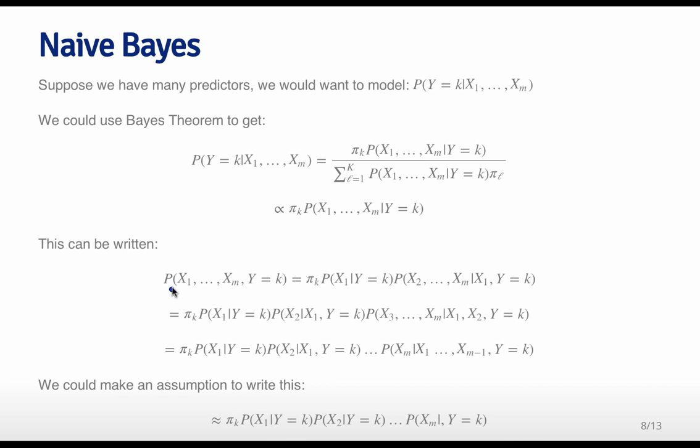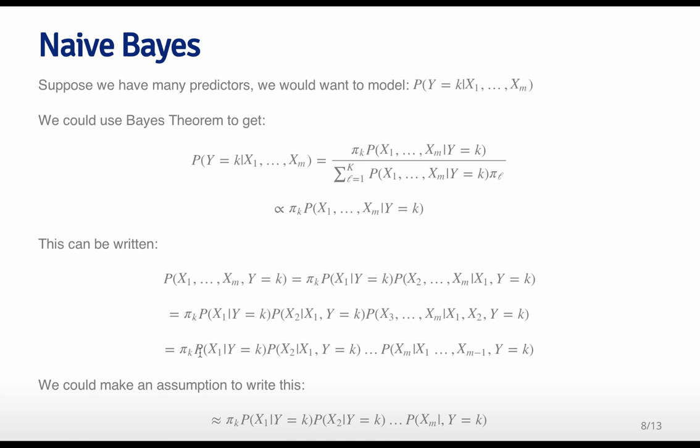We can say the probability of the features and the class variable K is equal to this prior probability times the probability of x1 given you're in class K, times the probability of all the other variables except for x1 conditional on x1 and yk. So this is basically just a statement about probability that you might remember from your inference class in the data science specialization.